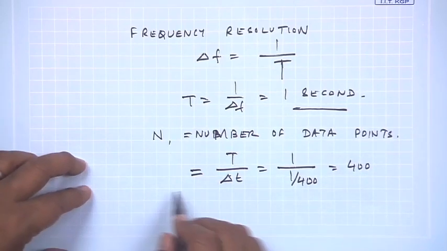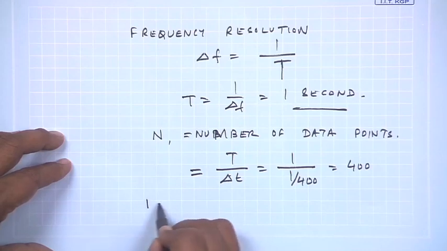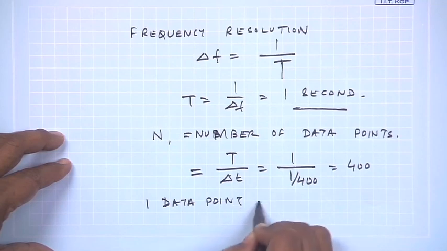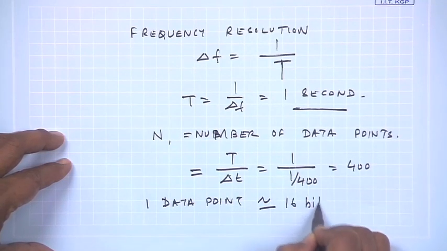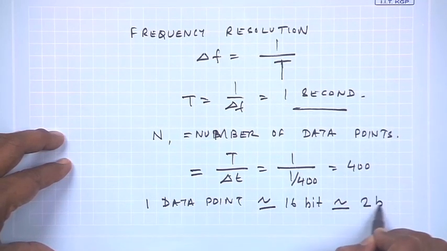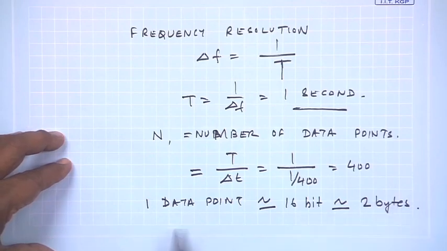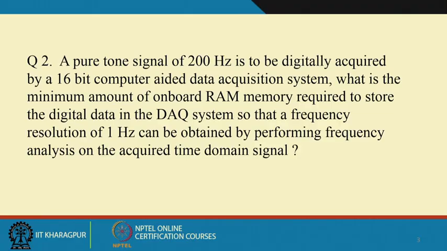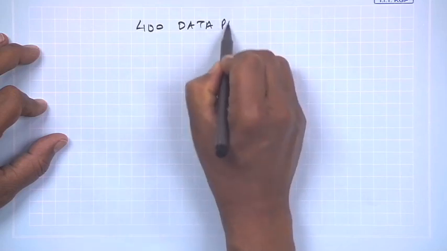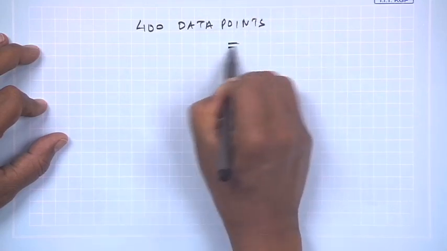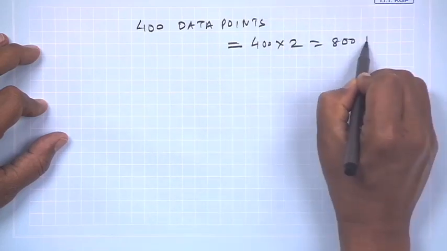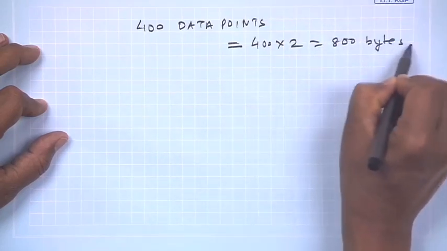Now, the question is that every data point requires 16 bits of storage space, which is equal to 2 bytes. Okay. So, since I have 400 data points, the memory would be 400 times 2, that is 800 bytes.